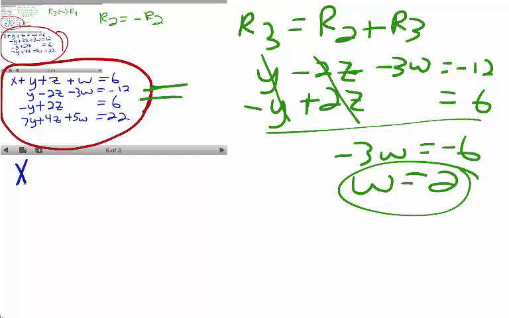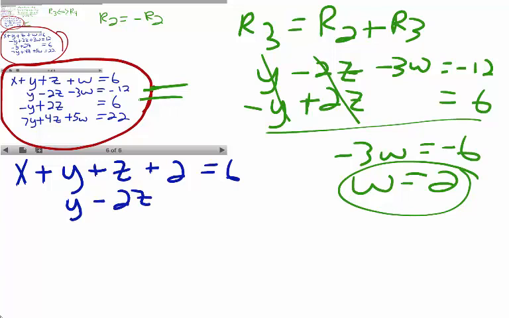So now for our system, we have x plus y plus z plus 2 in place of w equals 6. We simply put a 2 wherever we had a w before. So this negative 3w becomes negative 3 times 2, which is negative 6, equals negative 12.